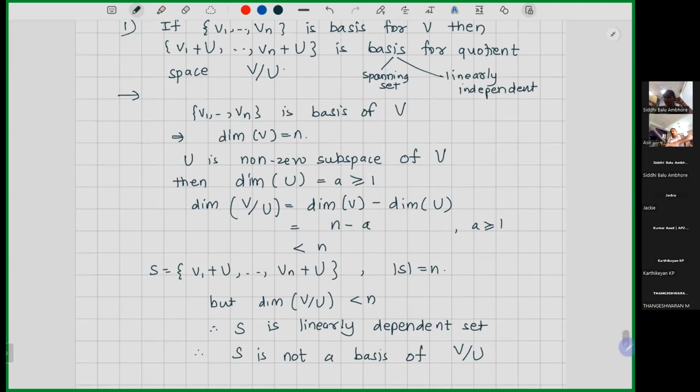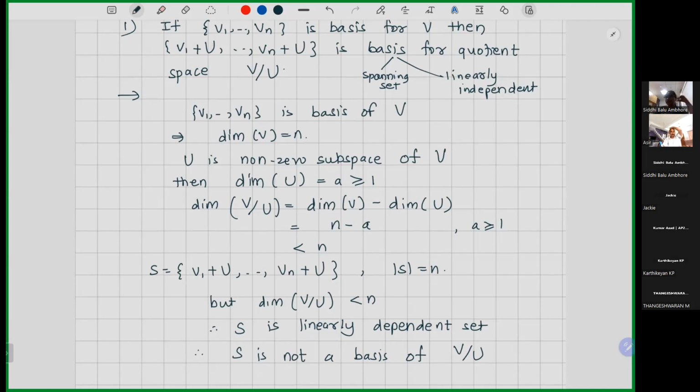So this set was not linearly independent because we also have that proposition that any set of cardinality greater than the dimension is always linearly dependent. That is also proved. The dimension of the quotient space V mod U is less than n.